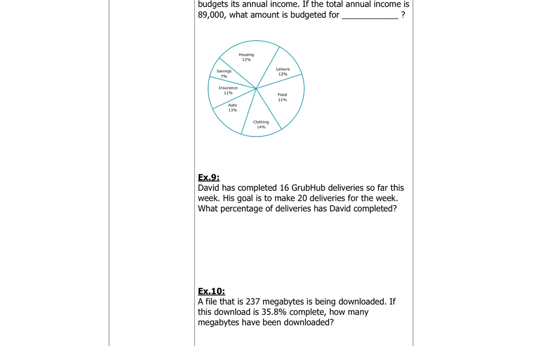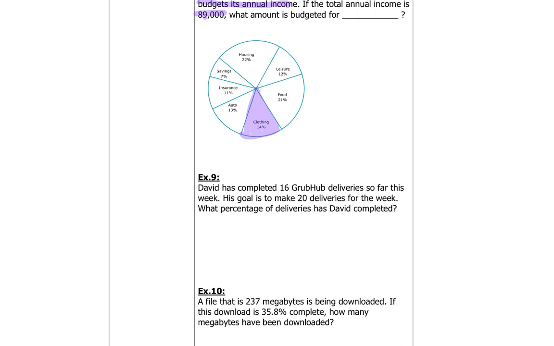Okay, when we look at this, when we look at these pie charts, we're going to look and say, what is the part and what is the whole? The whole thing is the family budget, the annual income. Its total income is 89,000. That's the whole. And then look at each piece, and you just have to remember that you're going to get different questions, but your questions on the quiz are all going to kind of look like this.